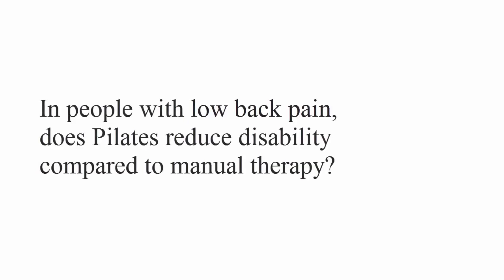Asking a precise question will help to devise more search terms. So instead of just thinking about the type of patient, low back pain, a question that includes all of the PICO elements could be, in people with low back pain, does Pilates reduce disability compared to manual therapy?